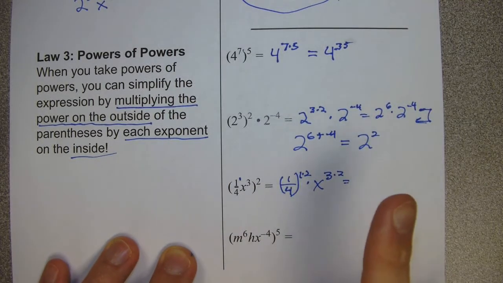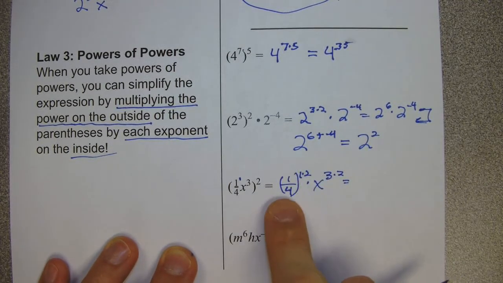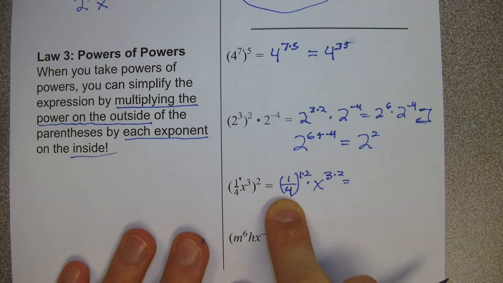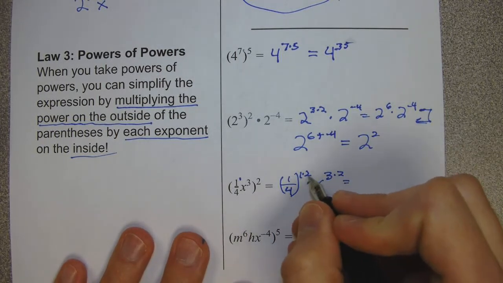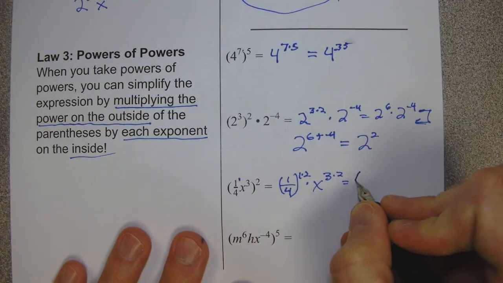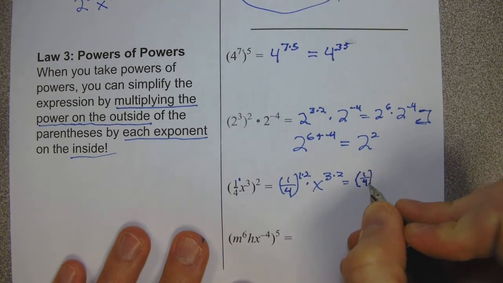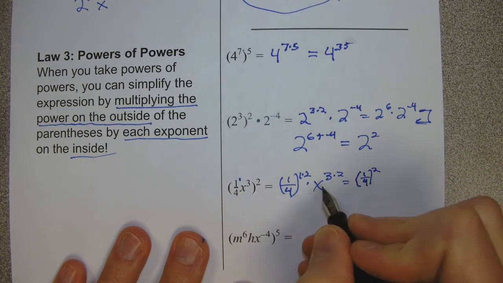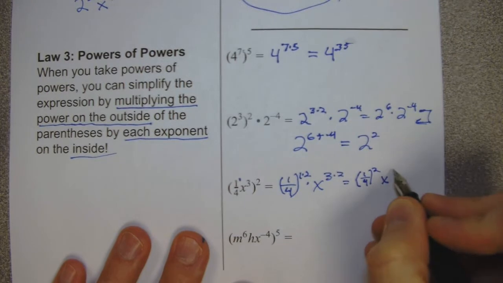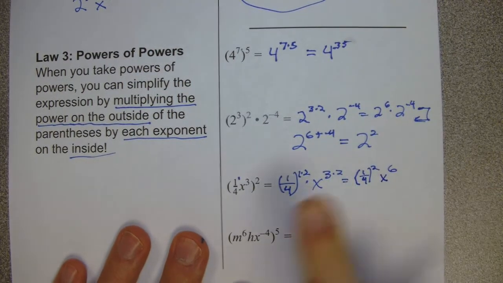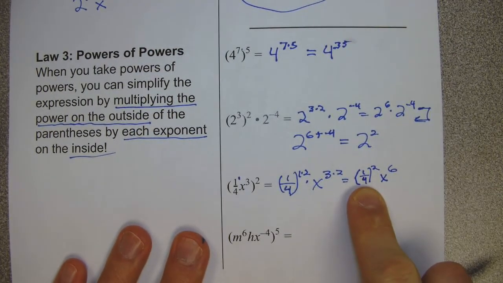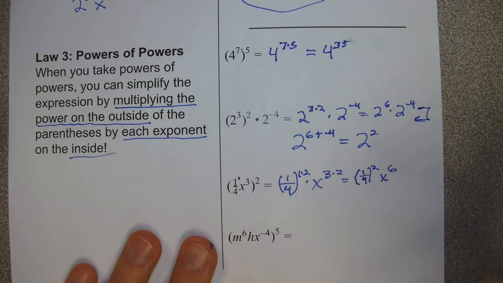So here's what we'll write. Some teachers, depending on who they are, will want you to go ahead and work this out. So for example, one way to write it out is just 1 times 2, so 1/4 taken to the 2nd. And then here, x to the 6th, again, 2 times 3. Some teachers, however, would want you to take this 1/4 and do the following.